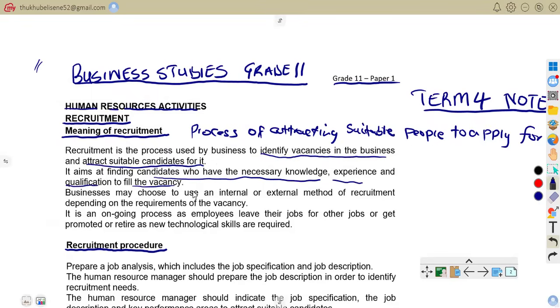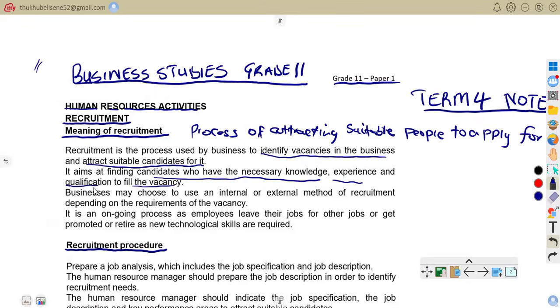We want people with the necessary skills to do the job, people who are qualified. If we are looking for a maths teacher, we want someone with knowledge of maths, who can deliver mathematics, someone who has been teaching somewhere, who has experience and that qualification.